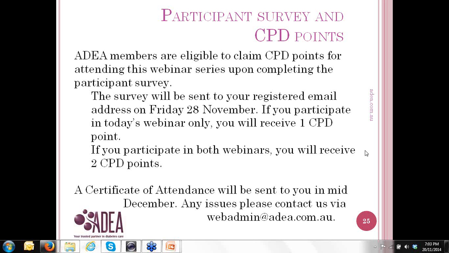So GLP-1s and basal insulin are really a great combination because you have the synergies where you have a basal insulin looking after the fasting glucose very nicely, and GLP-1s, particularly the shorter acting ones, being very effective for postprandial glucose rises.